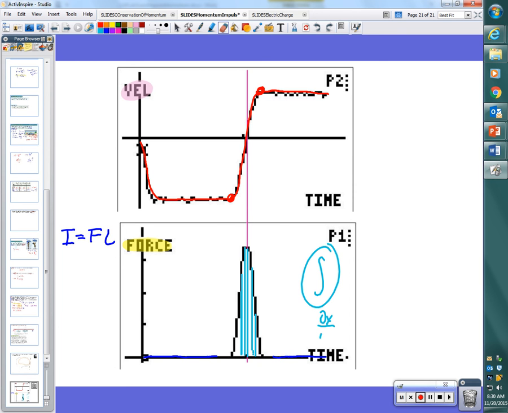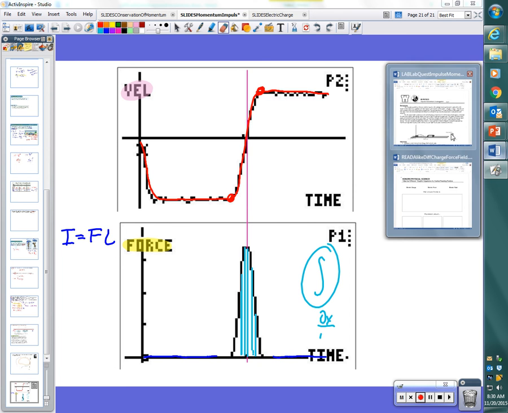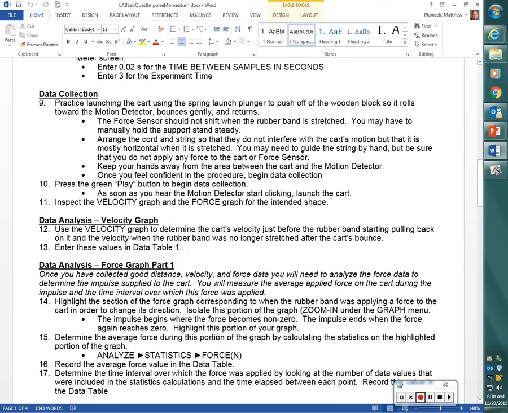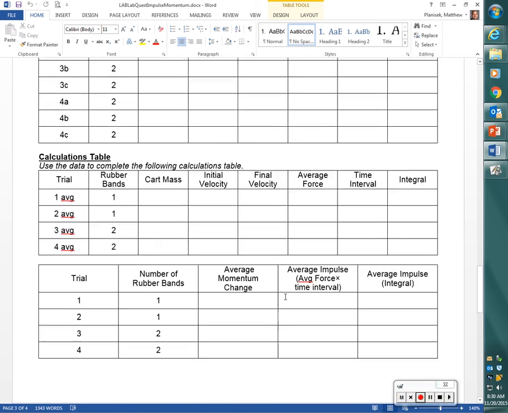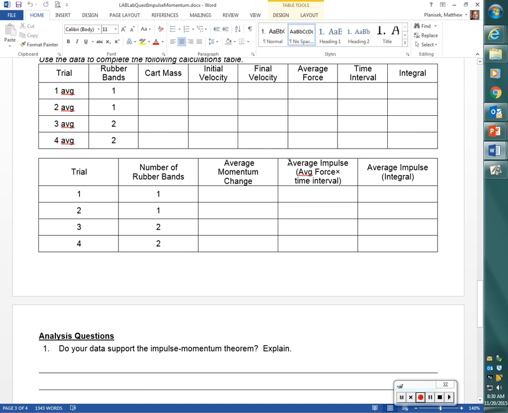So, going back to your lab, if you look at the page where you did your calculations, it asks you to find the average impulse by taking the average force and multiplying it by the time interval. On your calculations page, which is page 3, it asks you to find average impulse here and average impulse here.